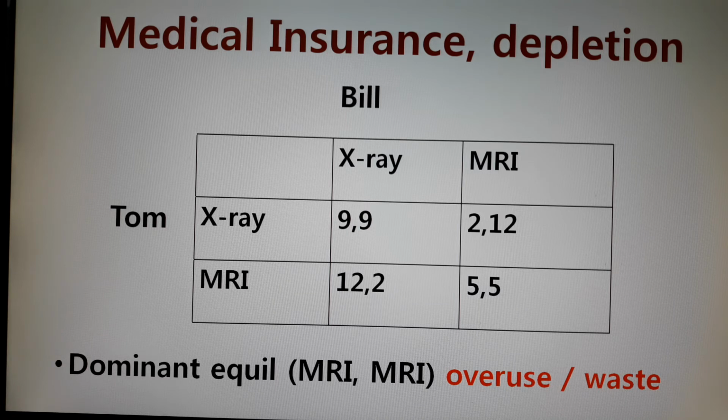So the basic idea is, if only Tom and Bill, two people, have medical insurance, and Bill goes to the hospital and is charged $100, Bill pays $50 and Tom pays $50. Why Tom?